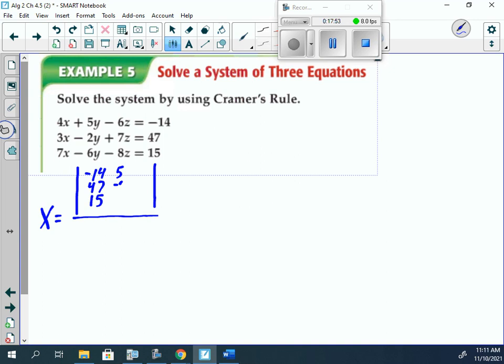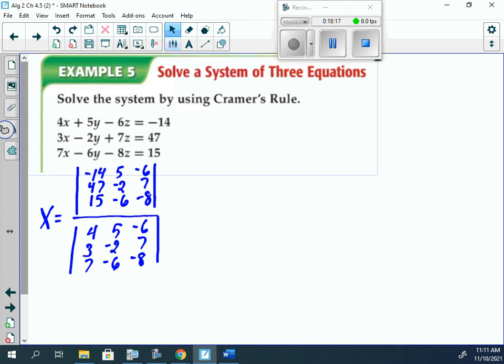Then we'll have 5, negative 2, negative 6, negative 6, 7, and negative 8. On bottom, we'll have 4, 3, and 5, negative 6, negative 6, 7, negative 8. So really, we just replace x's values with what the equation is equal to.